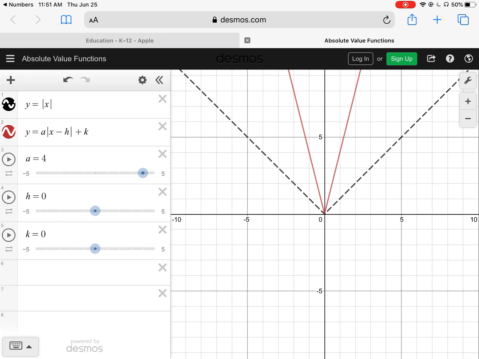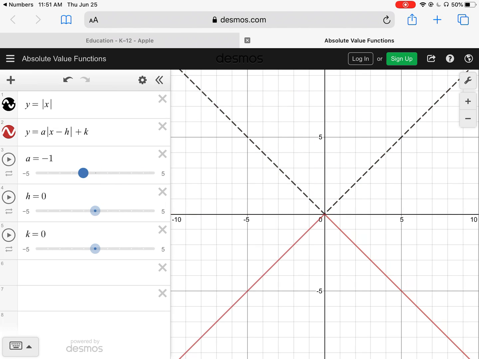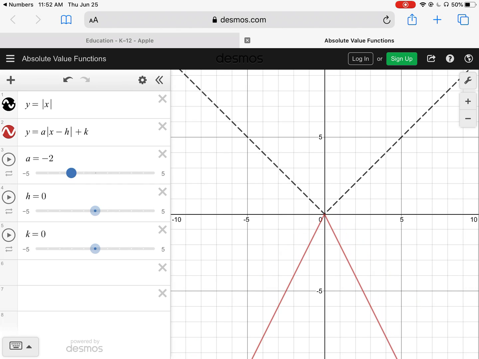Now, what if I make a negative? Well, it changes the V from opening up to opening down. It's giving us a reflection across the x-axis here. As I keep making a smaller negative values, notice I'm having that narrowing effect again.